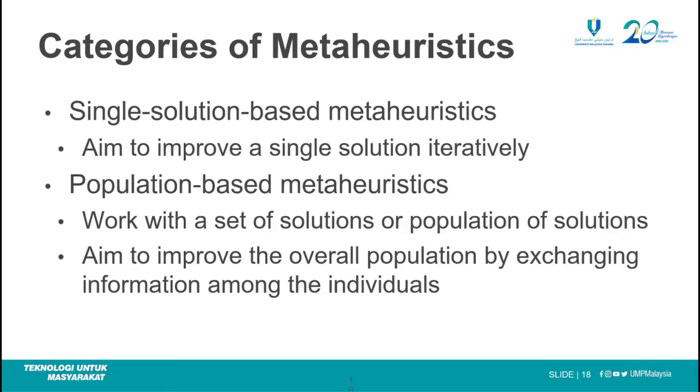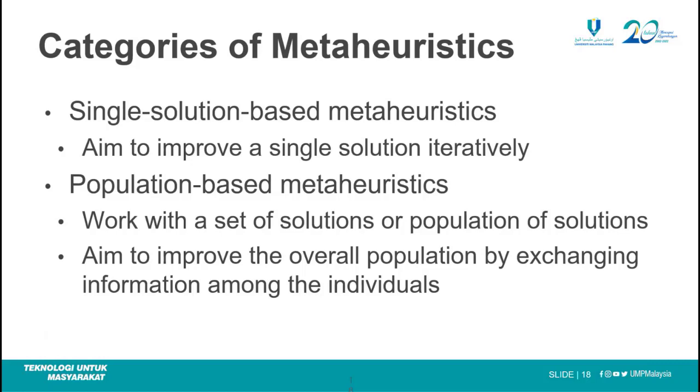So these are the categories of metaheuristics: single solution based and population based. The difference is in terms of the number of candidate solutions being tested for every iteration. In single solution based, only one candidate solution is used to explore the entire search space at one iteration.